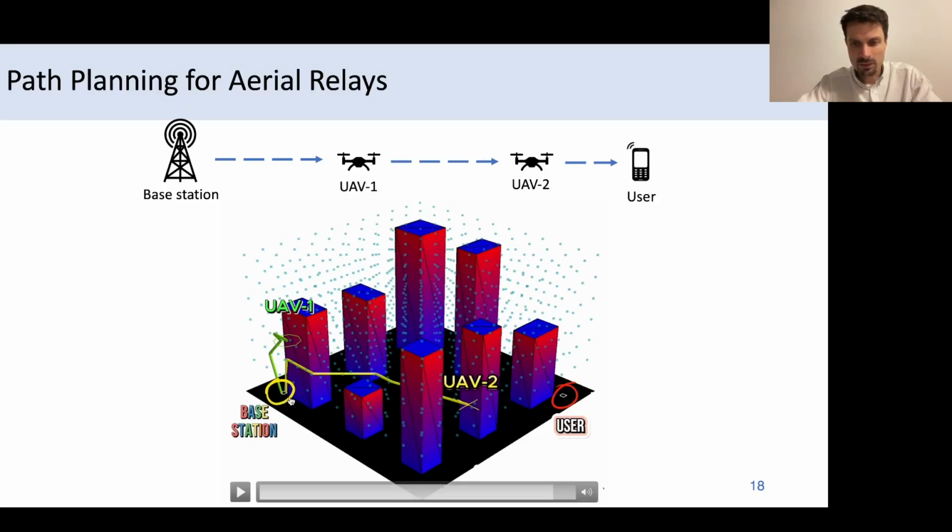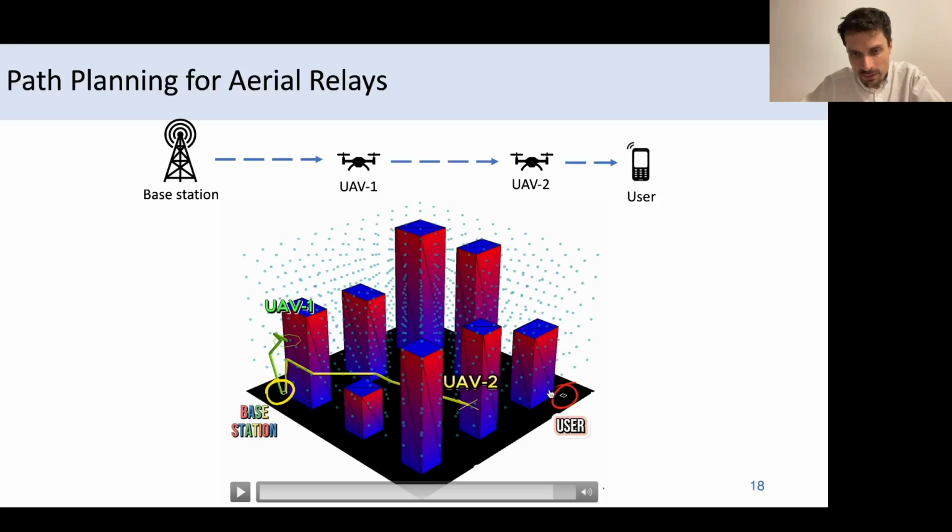So here we can see the user is here, the base station is here, the UAVs took off at the base station, although they can take off at arbitrary locations, and UAV 1 followed this trajectory, UAV 2 followed this other trajectory. So the communication link will go from here to here, from here to here, and from here to here. So UAV 2 had to come here because this user is behind these buildings, right?